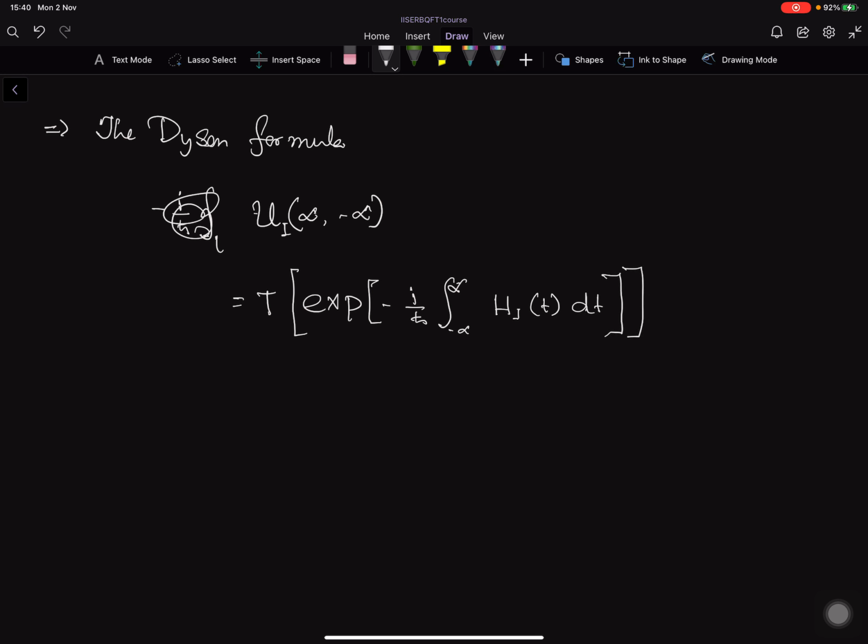This was our general formula, but in this case it is the same as minus i over h bar integral dt, and then there are spatial integrals d^3x, and then you have the Hamiltonian density.